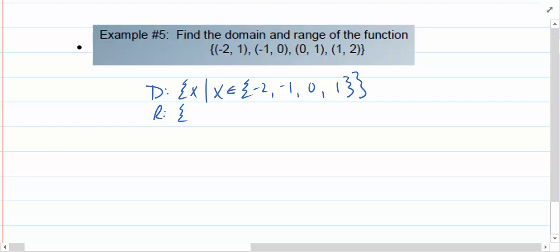Whereas our range would be all y values such that y is an element of this list of numbers, 1, 0, 1, and 2. Well, these got repeated, so I'll only list those one time, and I'll call this 0, 1, and 2. Notice that I rewrote these a little bit out of order from where the points were given to us, and instead I wrote them in numeric order from least to greatest.